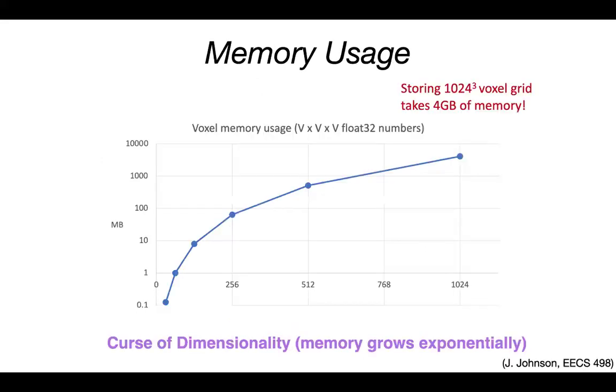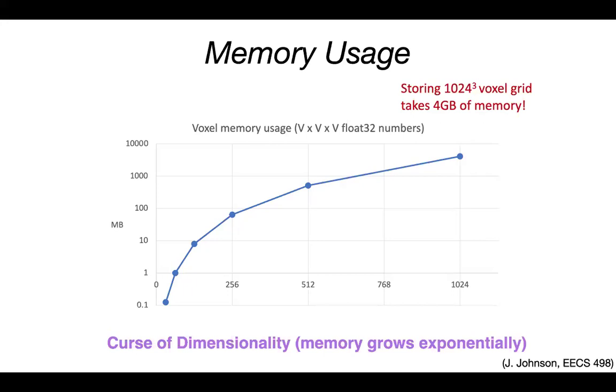And finally, the consequence of this issue of resolution and dimensionality. Here is where the curse of dimensionality really shows, because the memory grows exponentially with a cube, right? And so here is a plot of the voxel memory usage with the resolution, considering floating points for the information.